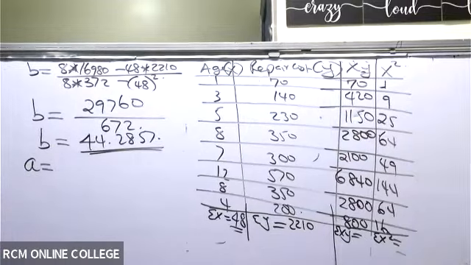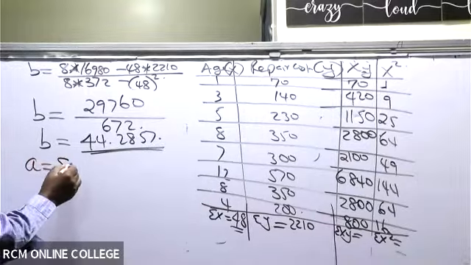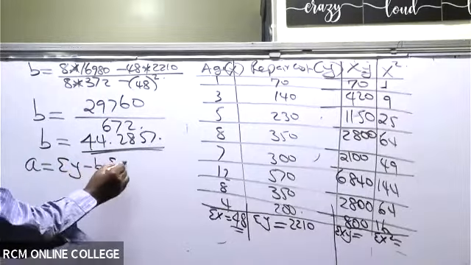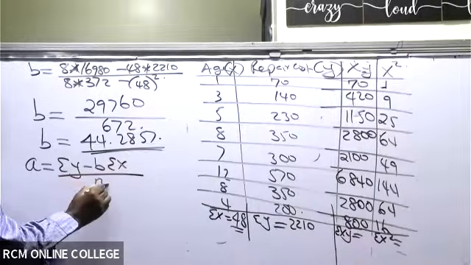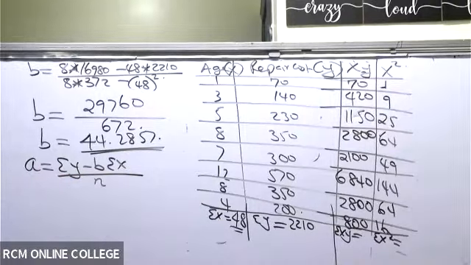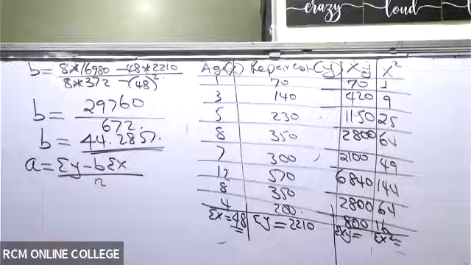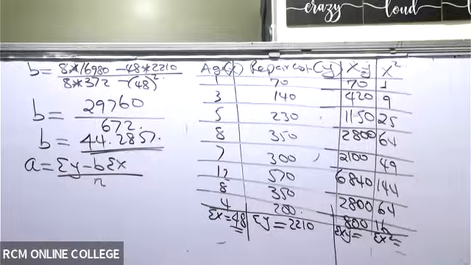To get A, we normally take summation of Y minus B times summation of X, divided by N. So do we have all these parameters? Oh, yes, we do.